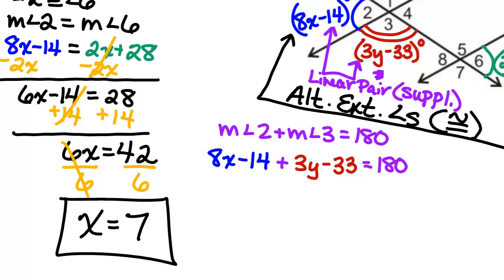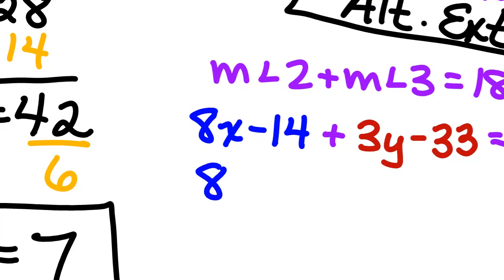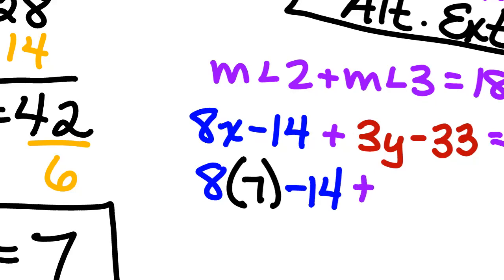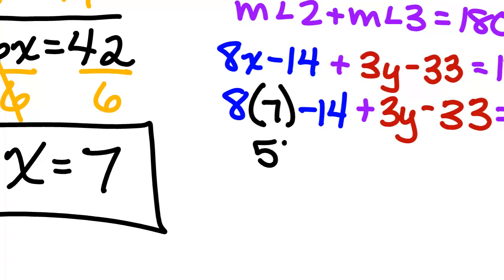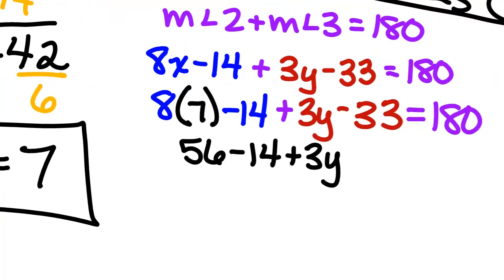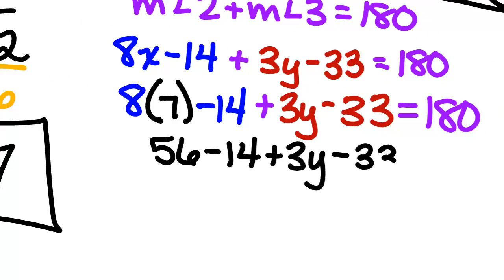I'm going to be stuck. Substitute the 7 in for x. So I have 8 times 7 minus 14 plus 3y minus 33 equals 180. What is 8 times 7? 56. So 56 minus 14 plus 3y minus 33 equals 180.